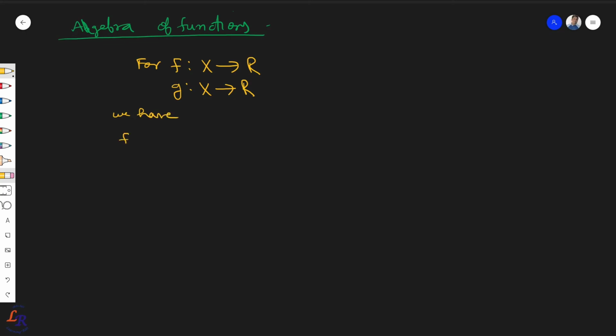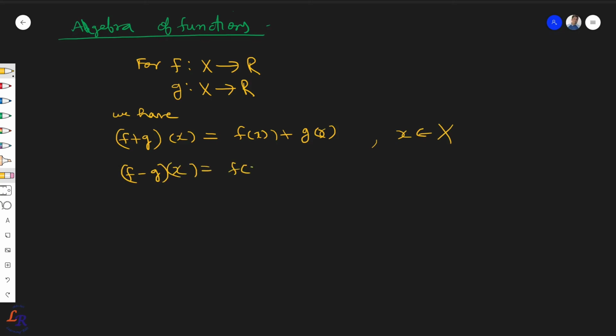For example, you can write (f + g)(x) as f(x) + g(x), for x an element of X. Another property is the subtraction of the functions, (f - g)(x) equal to f(x) - g(x).